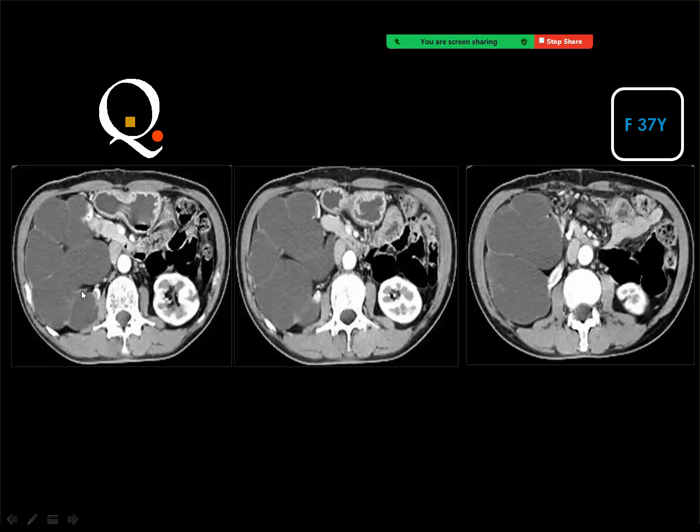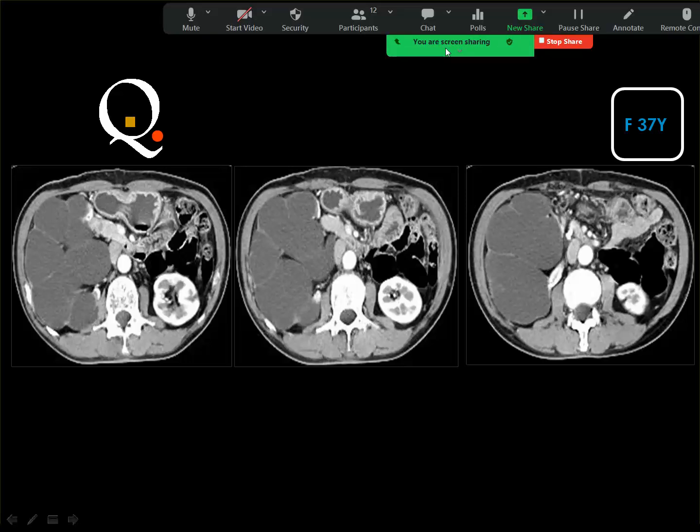and you can see here that the right kidney is markedly hydronephrotic. And in these films, you can see the cause.